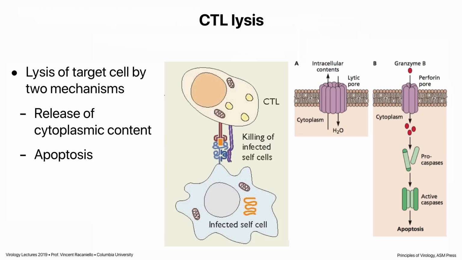Or it can make a different kind of pore called a perforin pore, and what it does is set up this pore in the target cell and put in a protein called granzyme B, the little red dot, which goes through the pore and induces apoptosis, programmed cell death. These are two ways that the CTLs can kill these infected cells: by release of cytoplasmic content or by apoptosis.